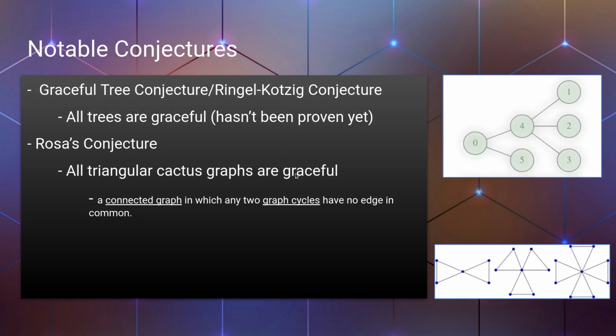Before we go on to proofs and algorithms, I'd like to talk about 2 of the more popular and notable conjectures. The first one being that all trees are graceful, and this comes from the graceful tree conjecture, the Ringel-Kotzig conjecture. And we can see in the small example that I put right here that this is a graceful labeling for a tree.